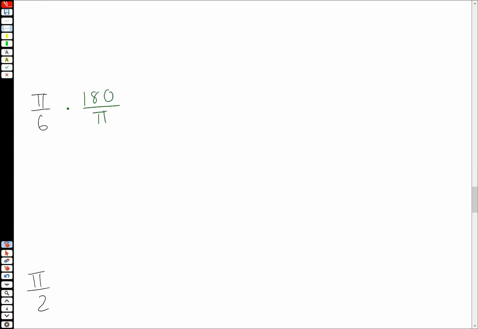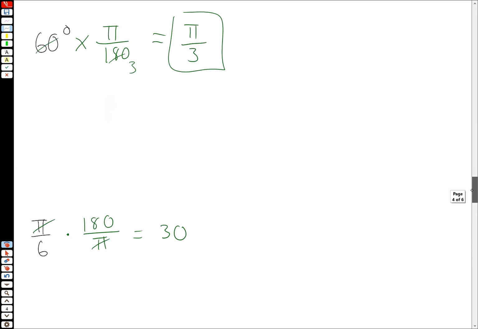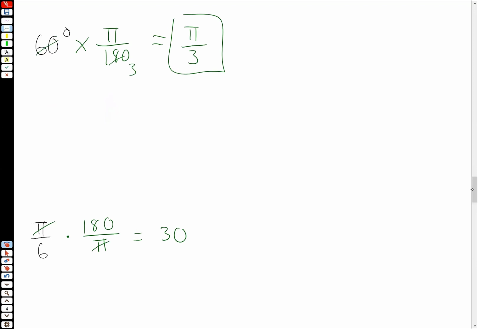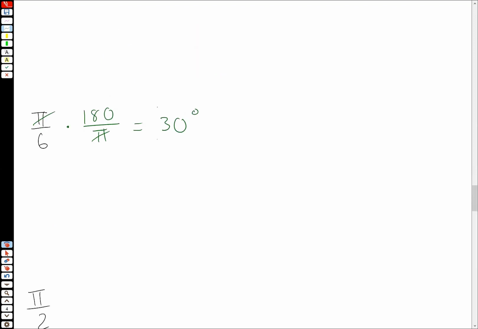Okay, so in this case, the pi's cancel out. 6 goes into 180 30 times. Oops, and I forgot my degree symbol.